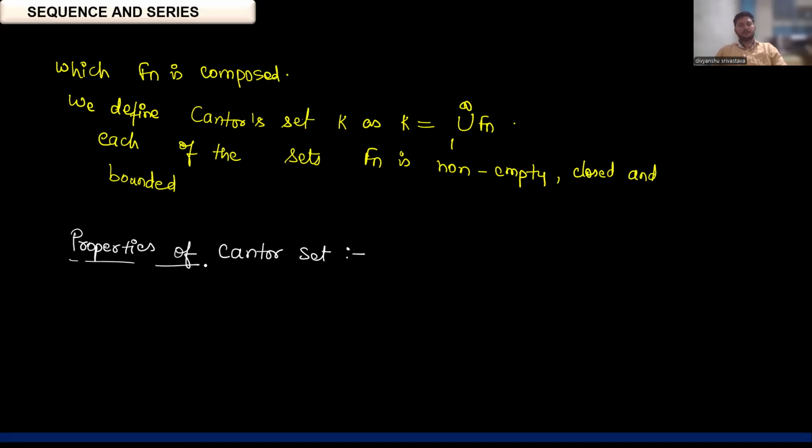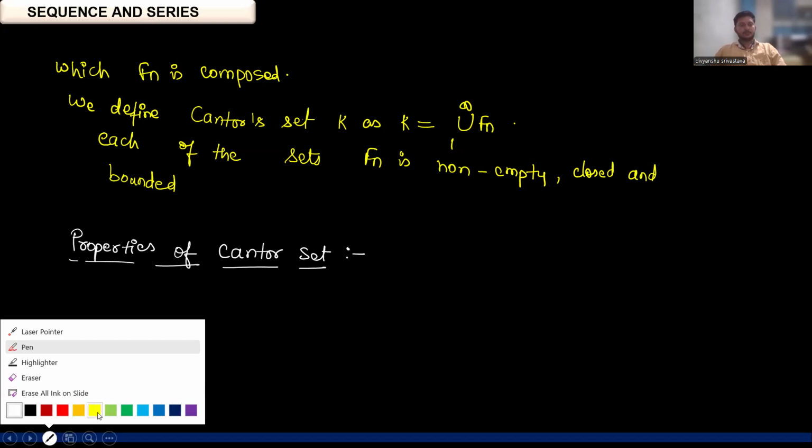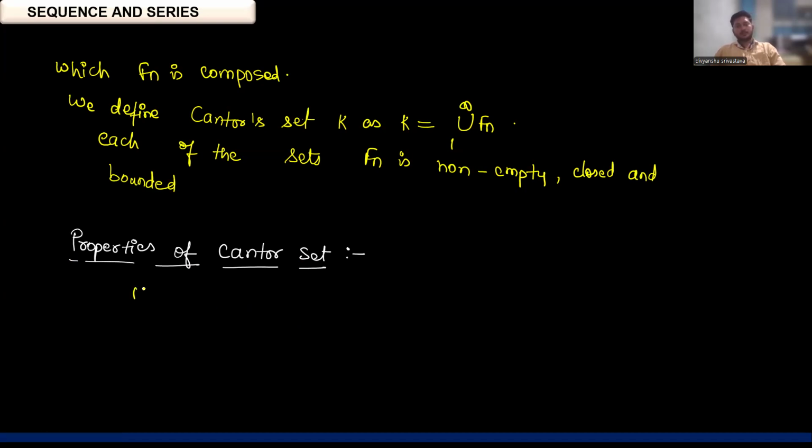First one is the Cantor set K is perfect. And perfect means that K is equal to K prime.